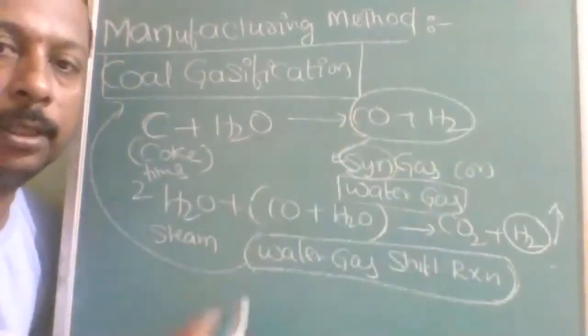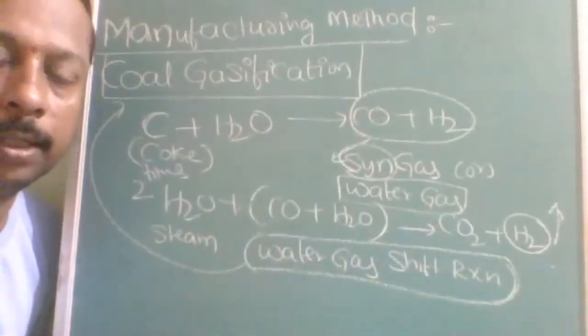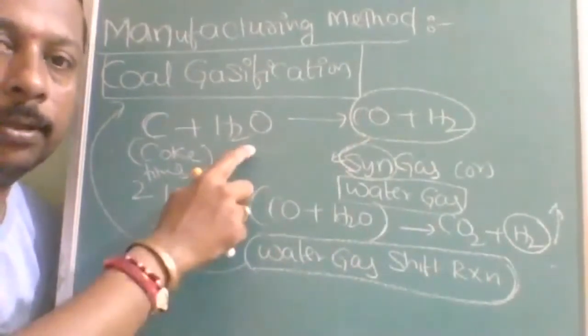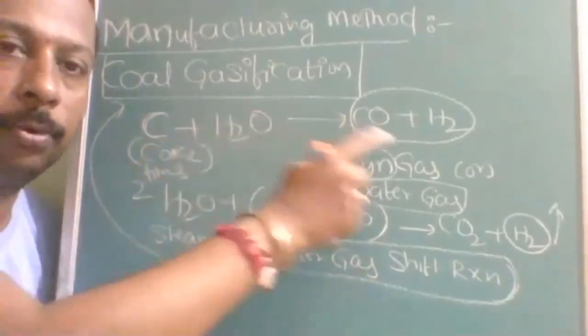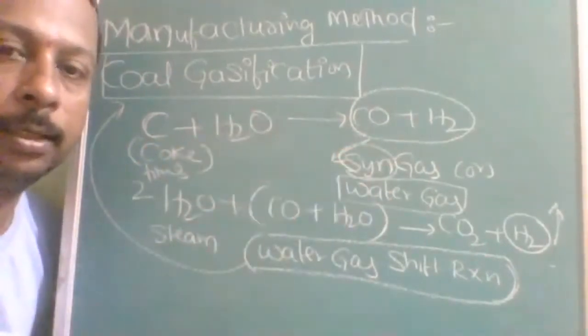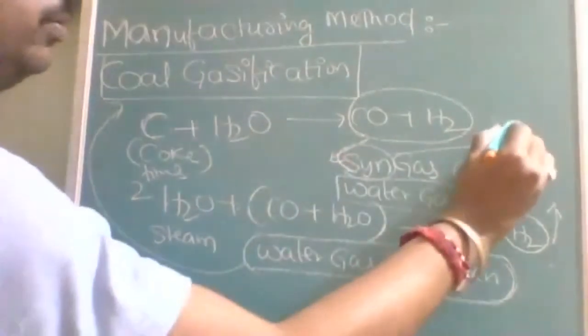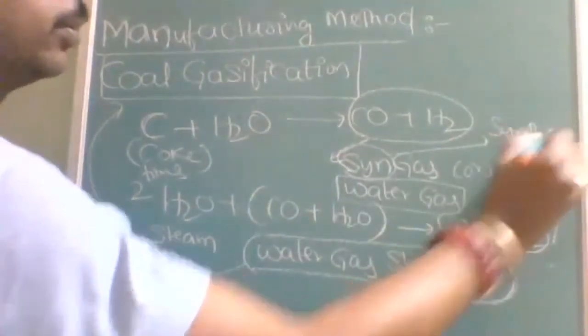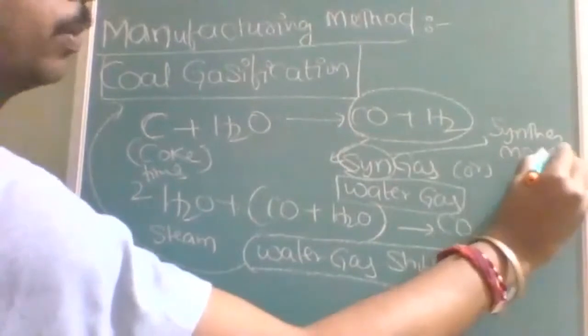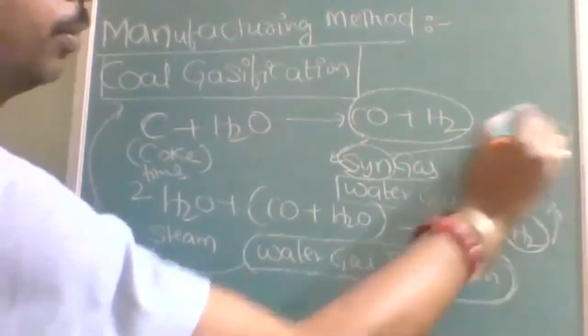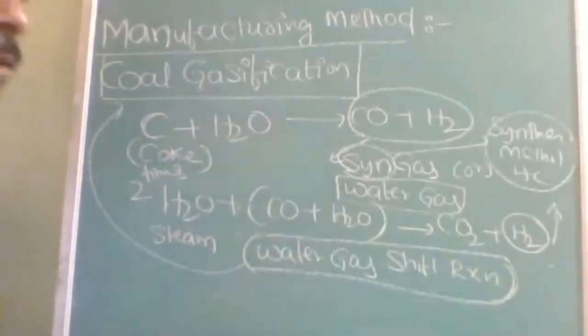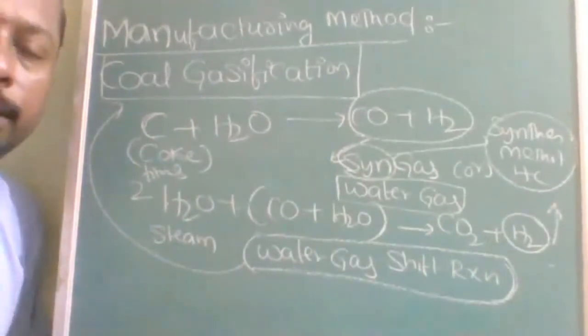The mixture of CO and H2 is called water gas. Why is it called that? Because water is converting the coke into gas. But it is also used in the synthesis of methanol and many hydrocarbons, therefore it is also called syngas.